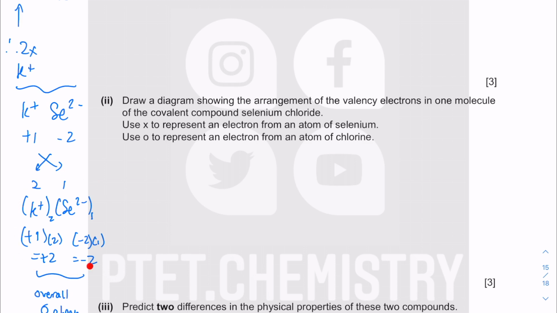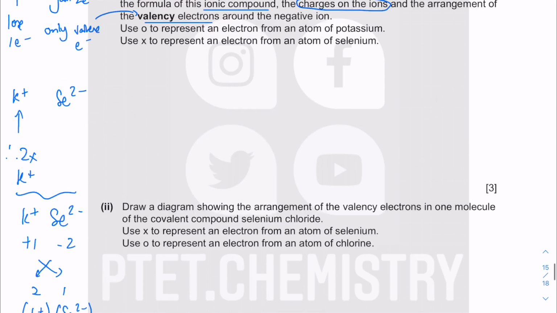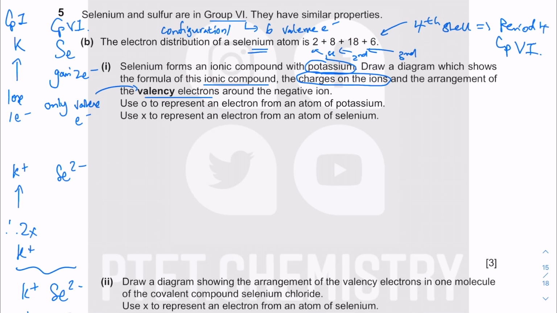Either we do the crisscross or we do the LCM between 1 and 2, which are the electrons being lost and the electrons being gained, and therefore they will give you LCM being 2. So we need 2 electrons being lost, we need 2 of these, we need 2 electrons being gained, we need 1 of these. Draw the valence shell, so I know I need 2 of them.